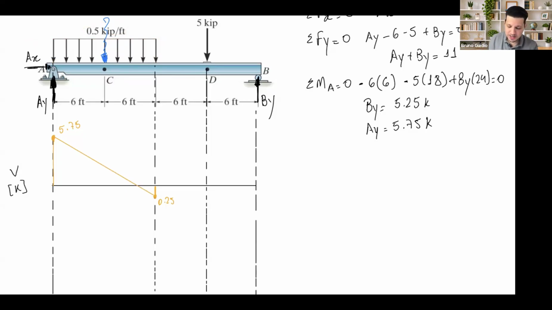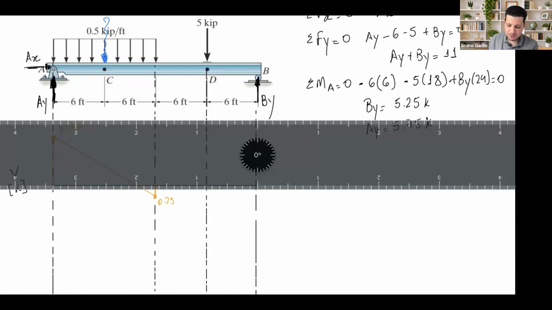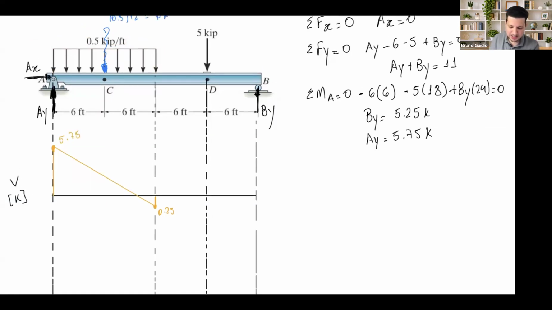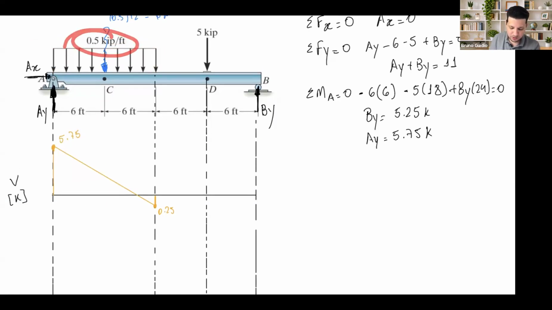And the slope of this line, how much I'm decreasing, is 0.5. So each foot I decrease 0.5. Run 1, decrease 0.5, or rise negative 0.5. Run and rise.